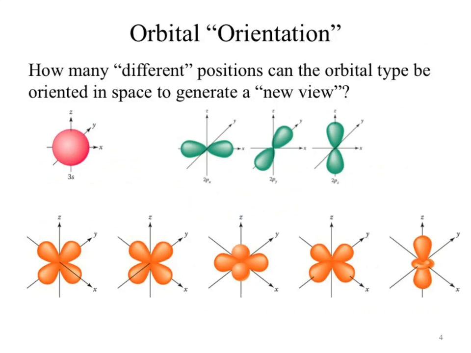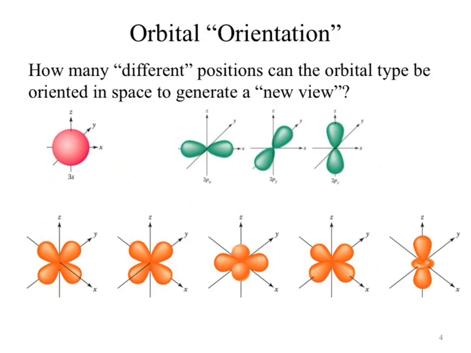Simplify it down to those basics. What types of orbitals do we have? How many possible orientations? You're ultimately responsible for the numbers of them, not so much how we're deriving them or even what axes they're on.